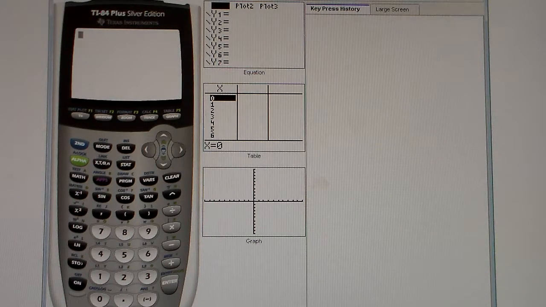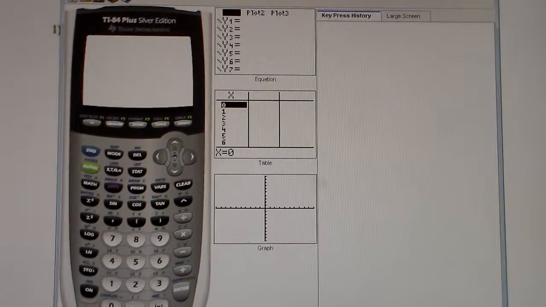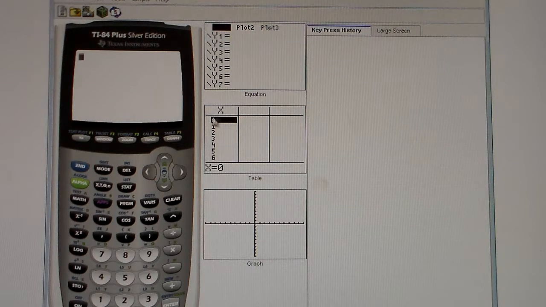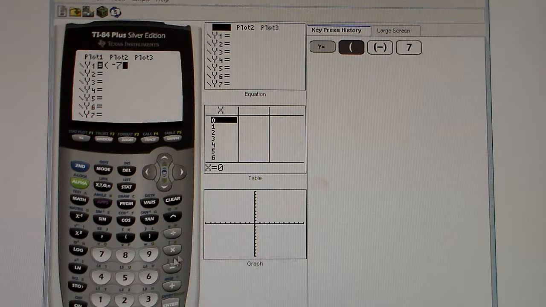So our equation here is y is greater than negative 7/5 x minus 4. On our graphing calculator, we're going to hit the y equals button. That's going to bring up this screen of all the y equals. In that screen, we're going to do parentheses, negative 7 divided by 5, close parentheses, for the negative 7/5.